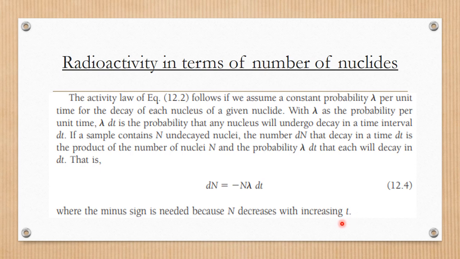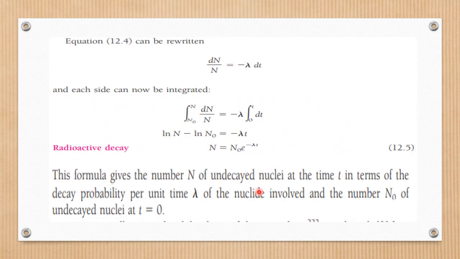So dN by N equals minus lambda dt. On integrating both sides, we get N equals N0 e raised to minus lambda t.